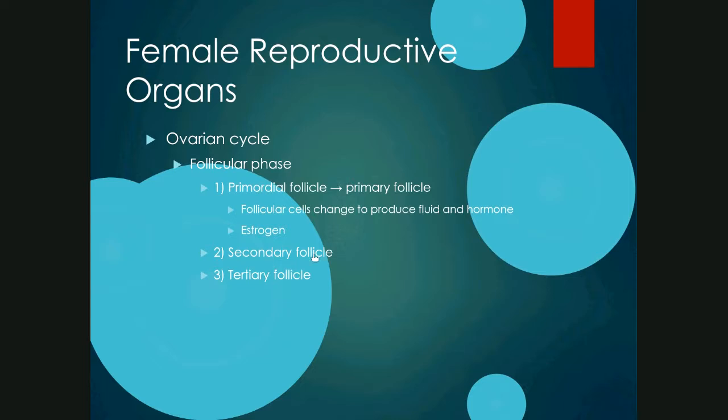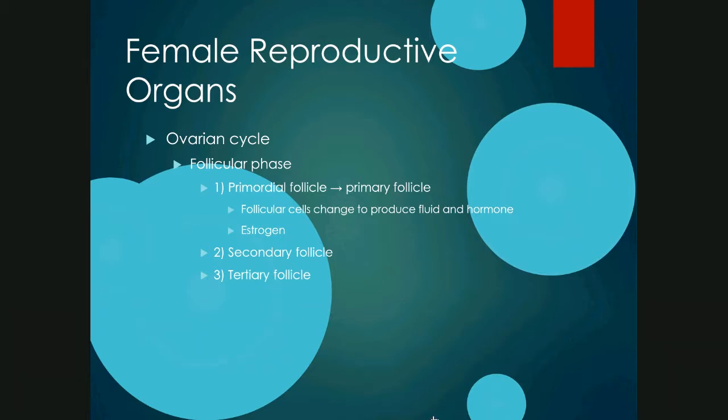Remember, there are multiple primaries, and there's only one secondary unless you have twins that run in your family, and that's something different. The secondary follicle is where the primary oocyte continues its development. Eventually it reaches the tertiary or the Graafian follicle. Some people put mature follicle on the lab test, which is correct. This tertiary follicle is what releases the oocyte at ovulation.